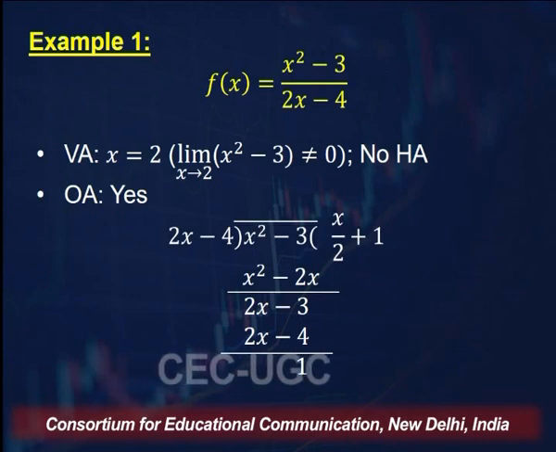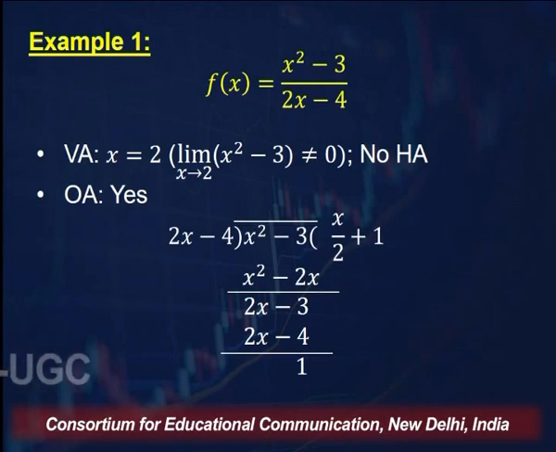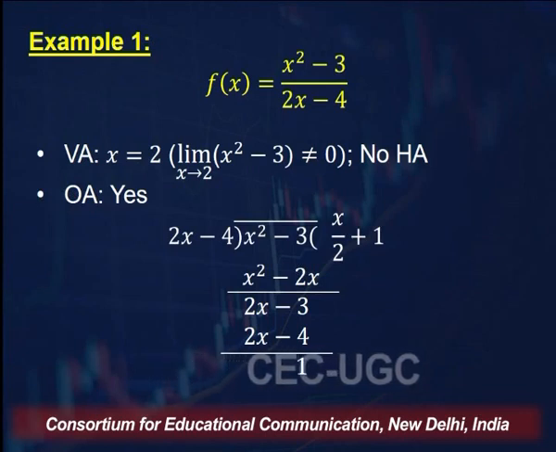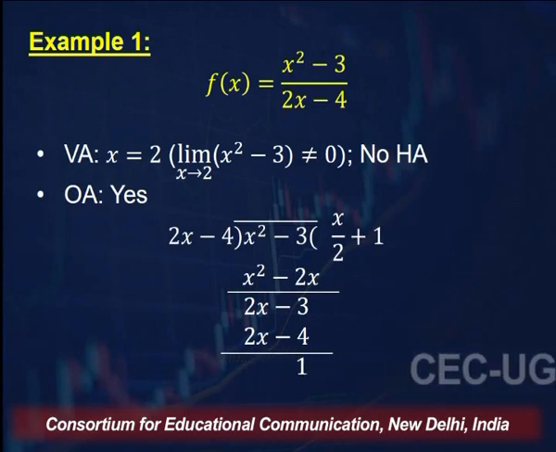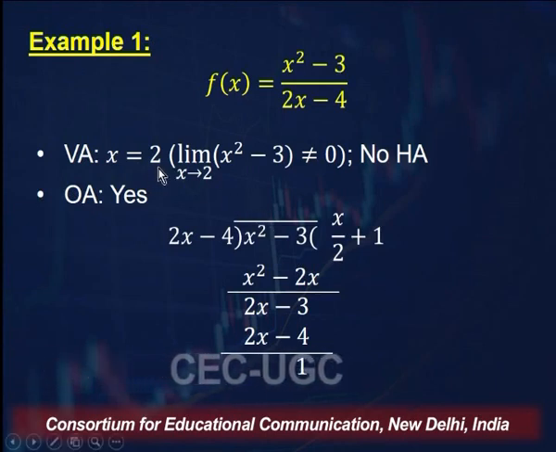When you take the limit of the denominator, that is 0. So the whole thing will in fact shoot off to infinity or minus infinity, depending on whether x approaches 2 from the right or from the left. So x equal to 2 here is the vertical asymptote.